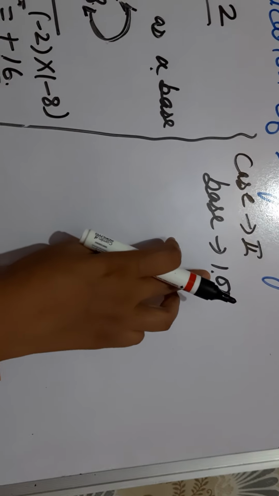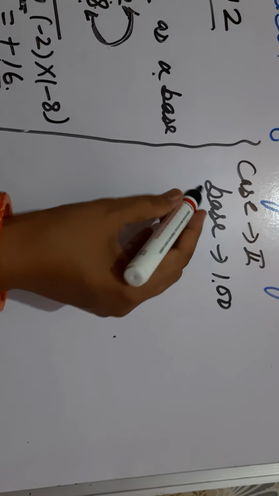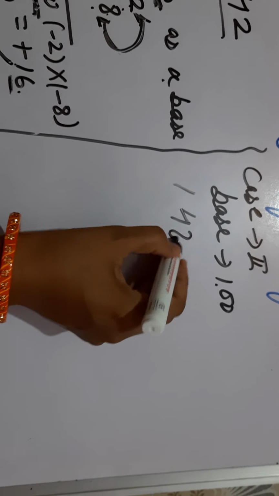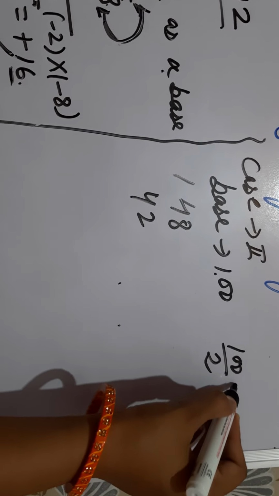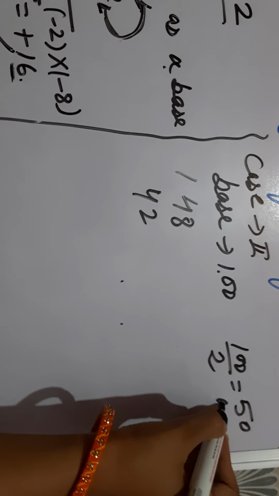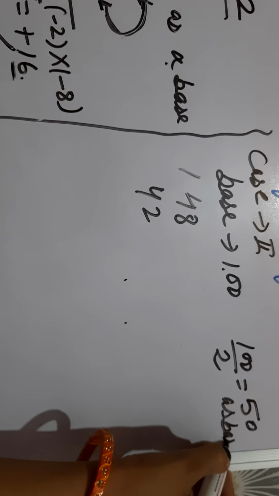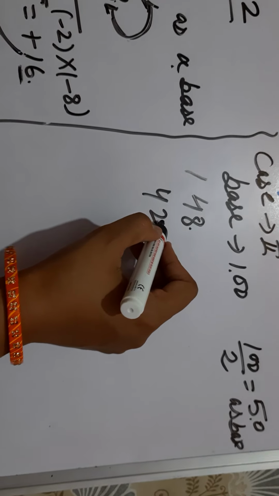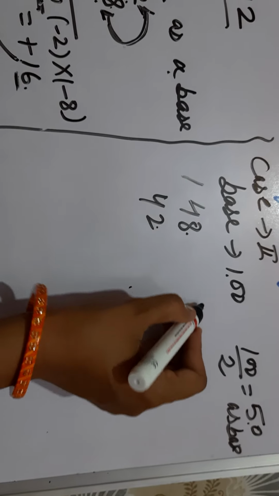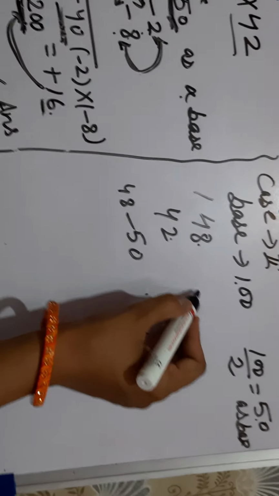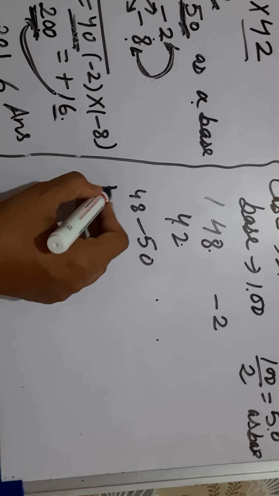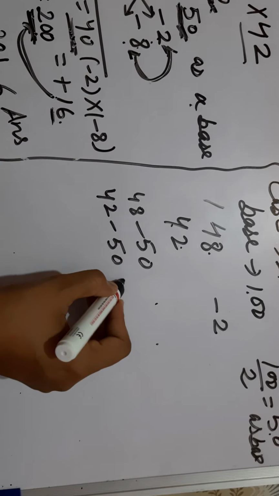If 100 is a base, then the nearest base of 48 and 42 is 100 divided by 2. So what we get? 50. 50 as a base because it is nearest to 48 and 42. What we get here? Complement 48 minus 50, we get minus 2. 42 minus 50, what we get here?